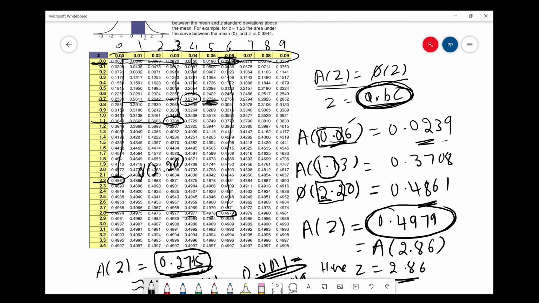You can see that the table ends at 3.4, because after that it almost reaches 0.4, but normally you're not getting values after that.